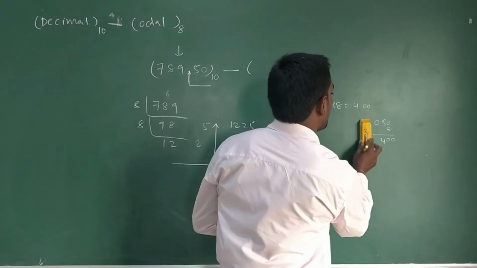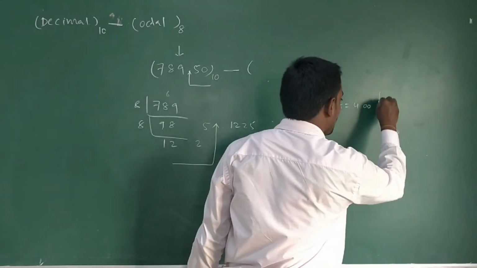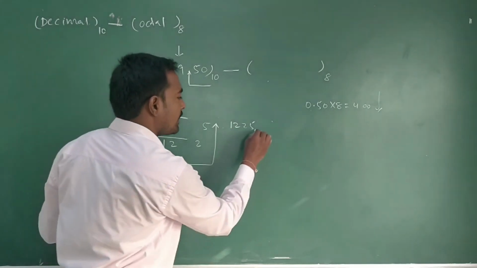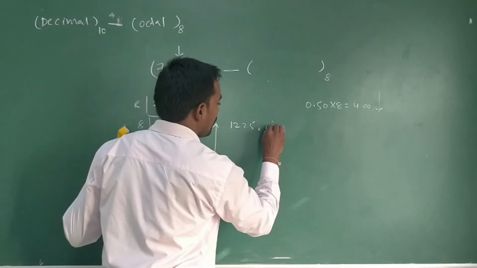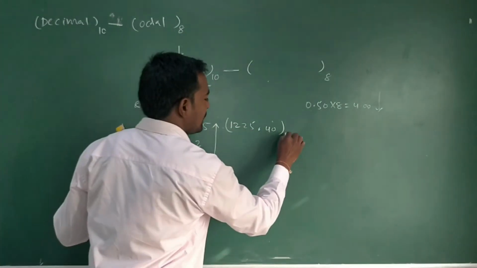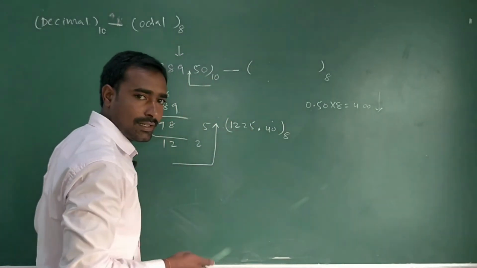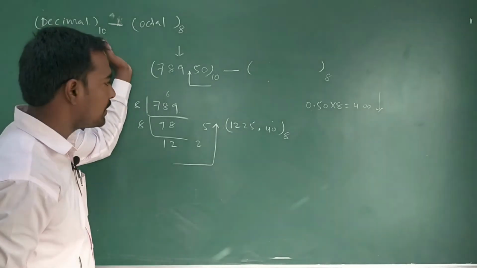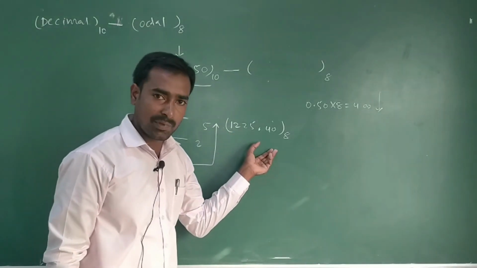So here we are getting the equivalent of 4 for the 0.50. So finally we are getting the value 0.4, and this is the octal number. So this is the conversion from a decimal number into an octal number.